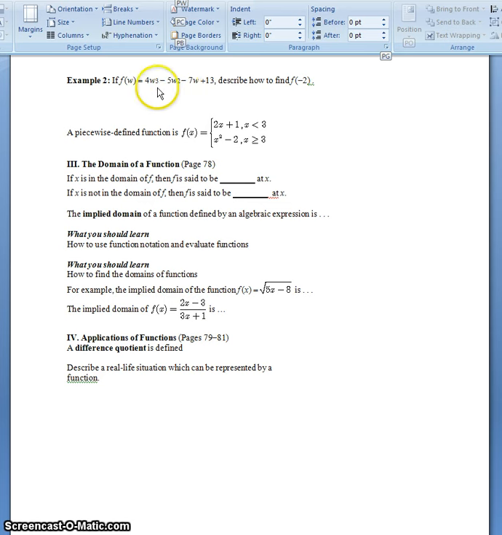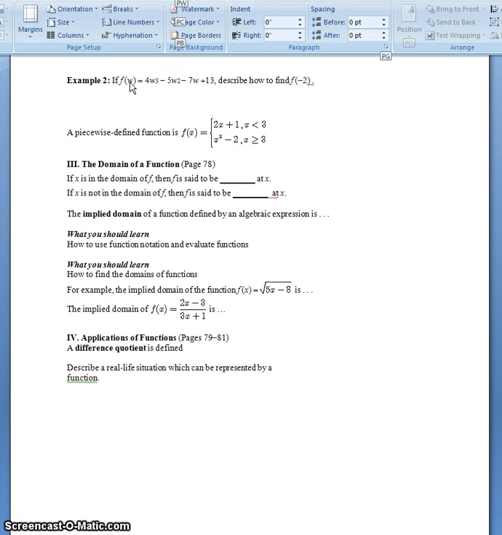The last item is just a reminder that when you're working with function notation, whatever you see in here is substituted in its comparable locations over here. So for example, f of 2, substitute 2 for w in here. F of star would be 4 star cubed minus 5 star squared.